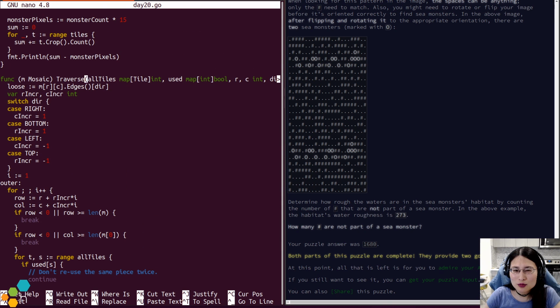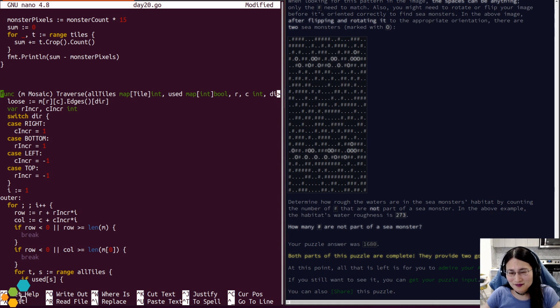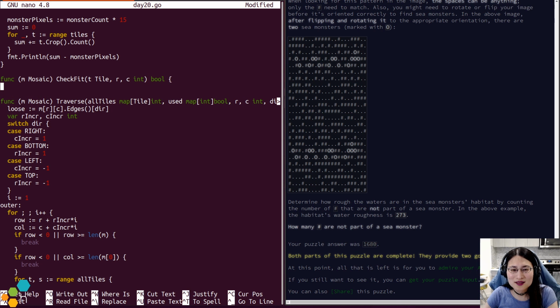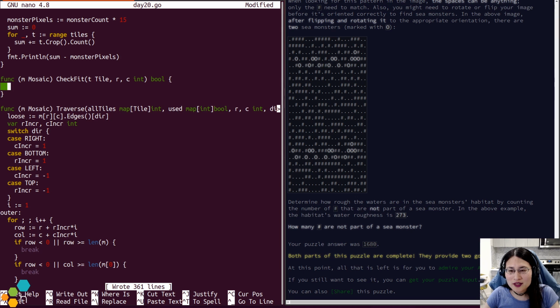In fact, I don't think we need loose anymore either, because the mosaic is already populated. We're going to do it this way. That should look fine. Great.